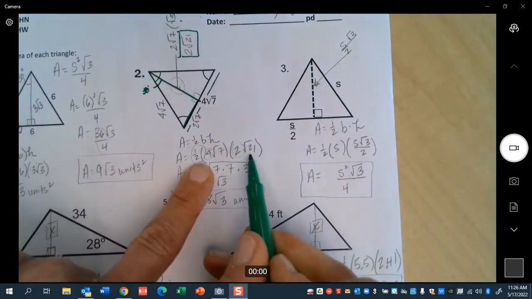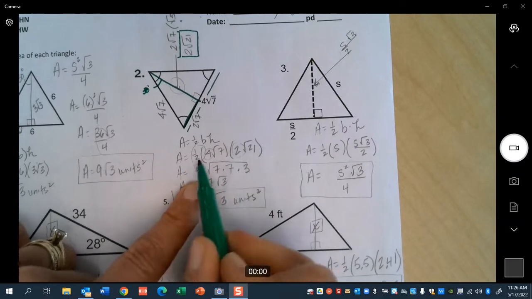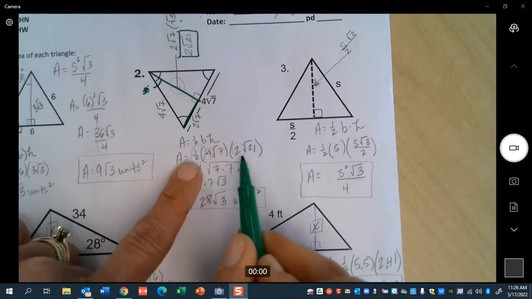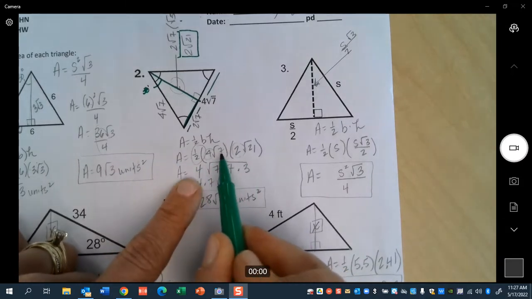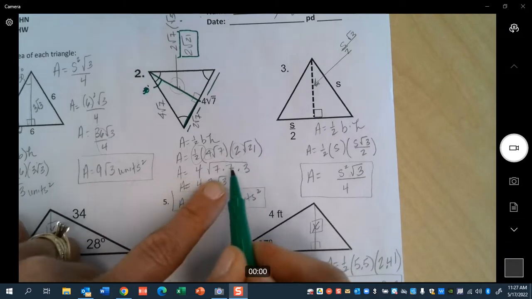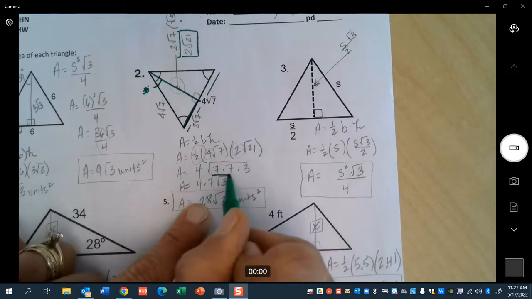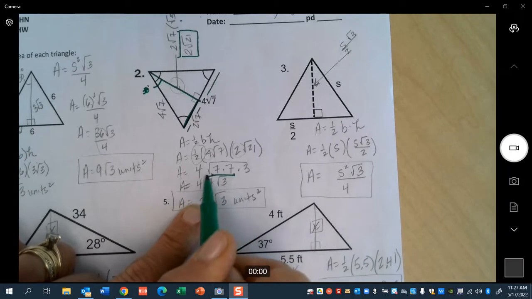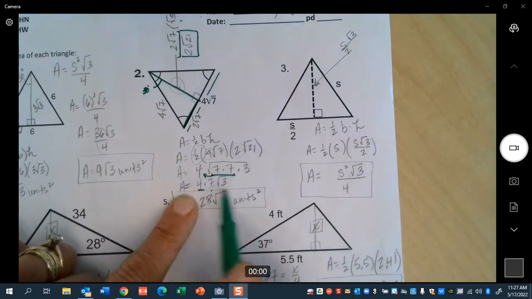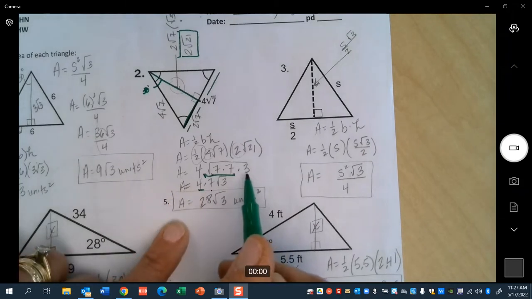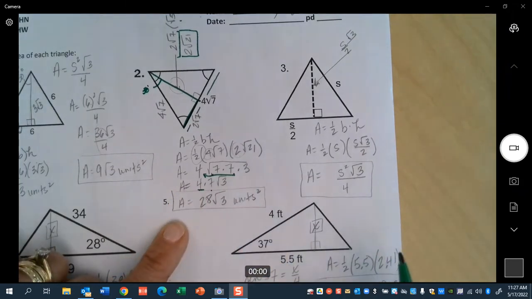So now when I go to multiply, 1/2 and 2 go away. 1/2 of 2 is 1. So here's my 4, and here I have 7. I broke 21 down into 7 and 3, and then this becomes a double factor that can come out of the radical sign. So here's my 4 times my 7, and root 3 is left behind. Does that make better sense now?